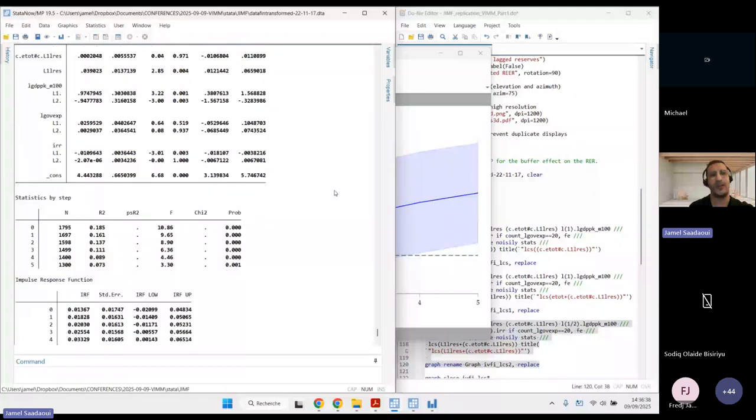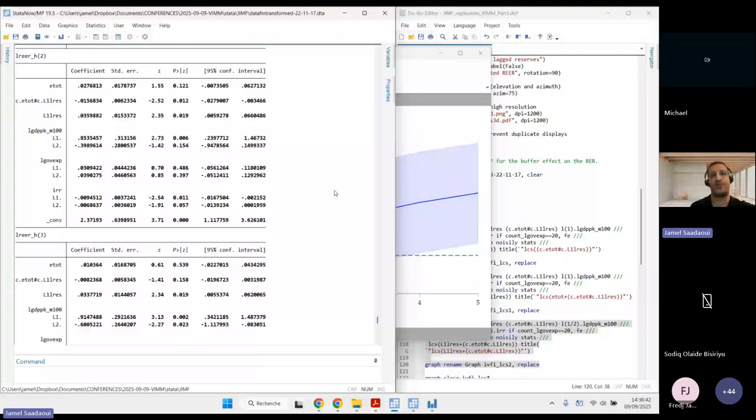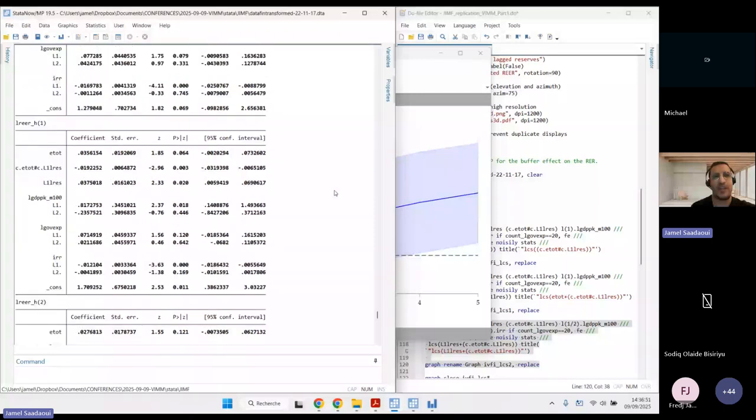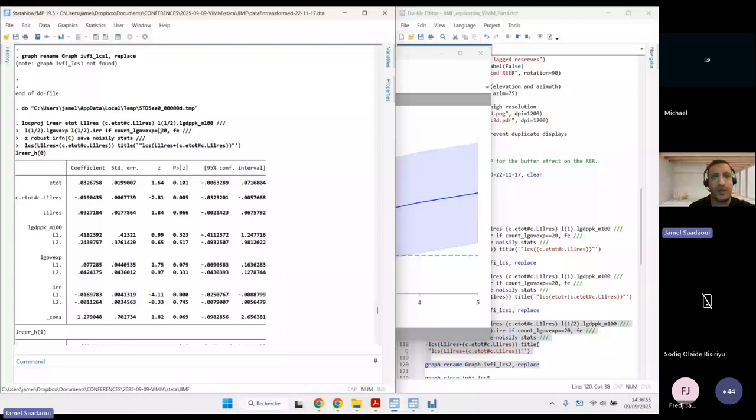Previously I had only one lag for the control variable, and then I included 2. What you can see here is very transparent, and it does not change the main result. You just have to specify it here. So it's very simple to do.